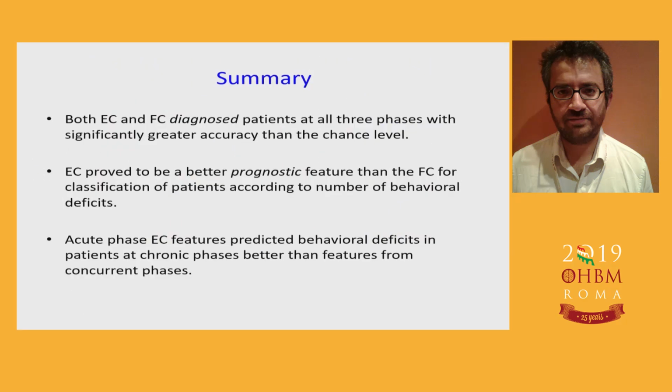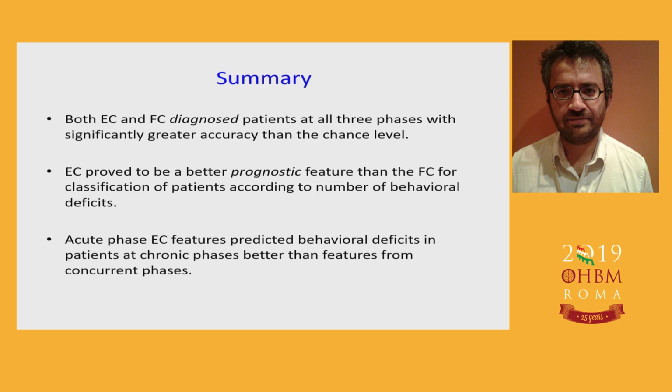Okay, so in summary, EC and FC diagnosed patients quite well, but EC turned out to be a better prognostic feature. It also predicted better than the chronic phase features. So I guess what I want to say in terms of this symposium, if I could just move to the next slide.